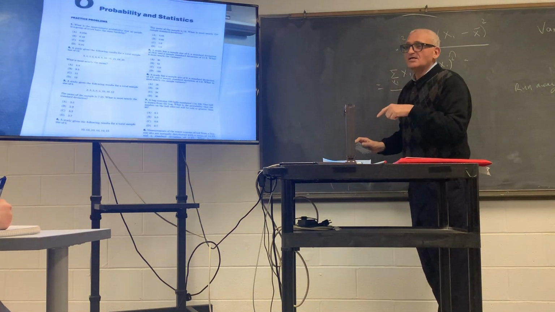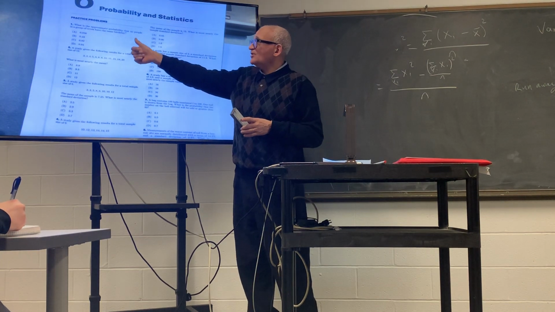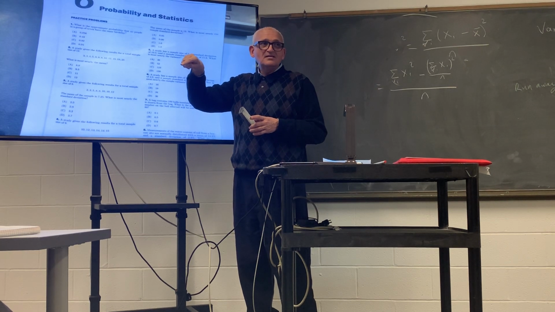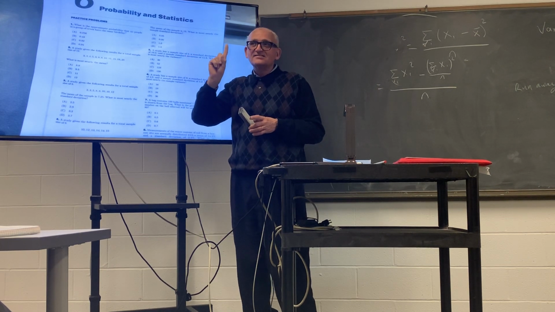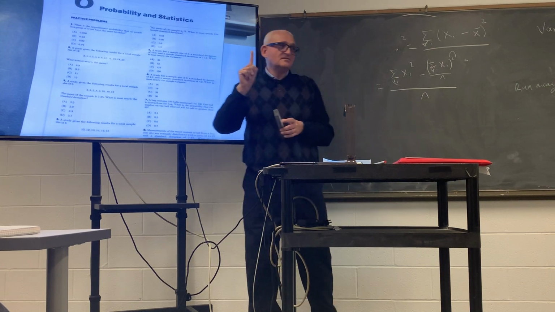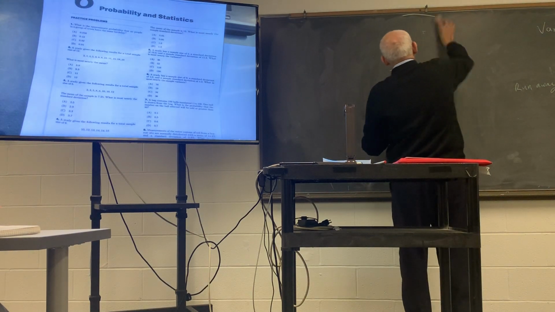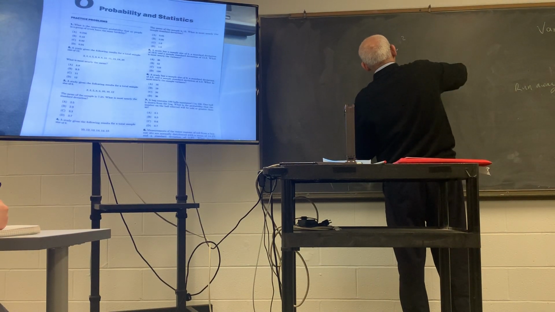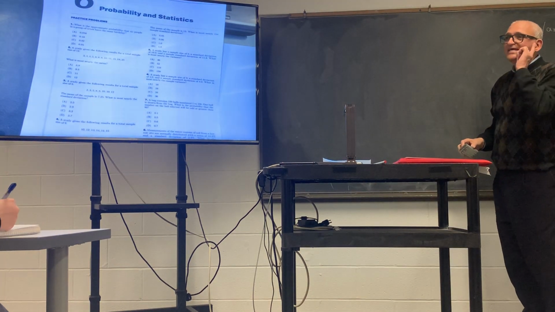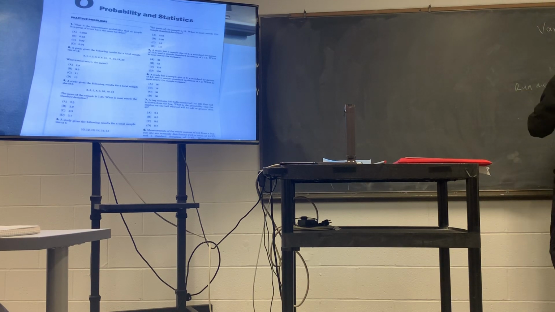Remember when I said a while ago that in the first problem, the and, we multiply, we make it times. I can't do that unless the events are independent. Only when they are independent can I say the and becomes times. There is something similar to that. The or becomes plus only if the events are mutually exclusive.